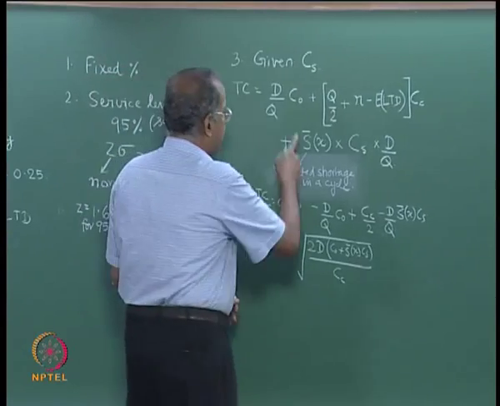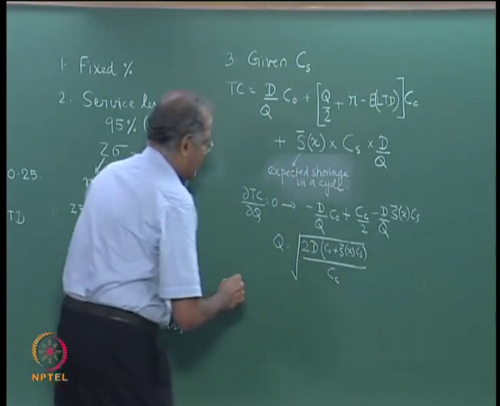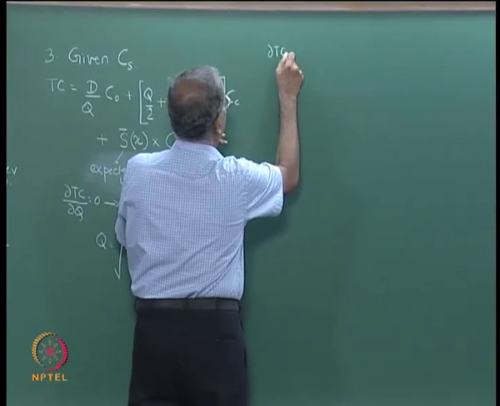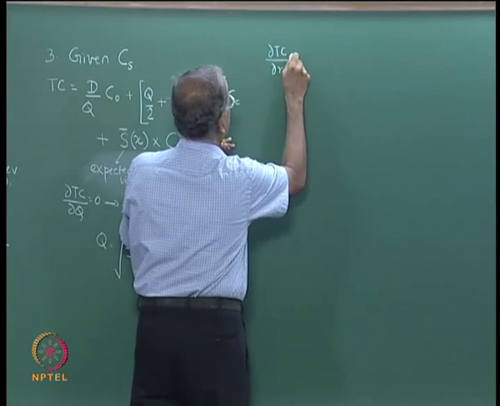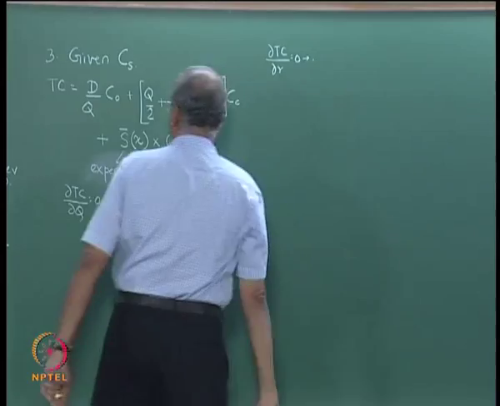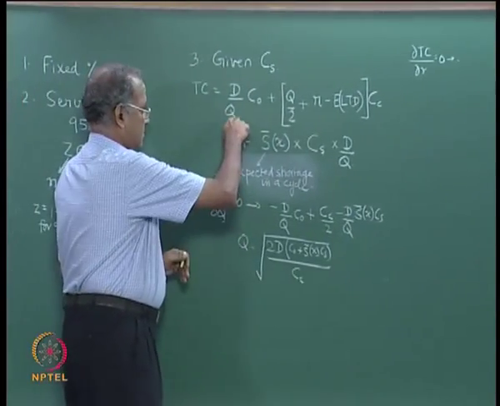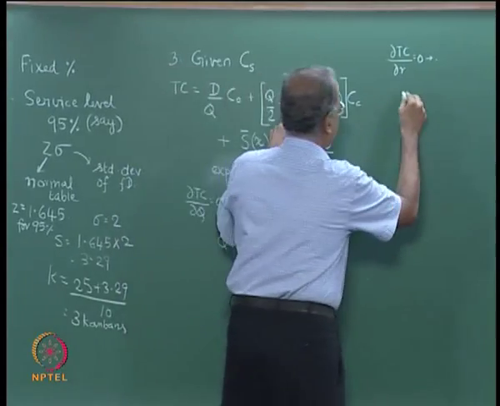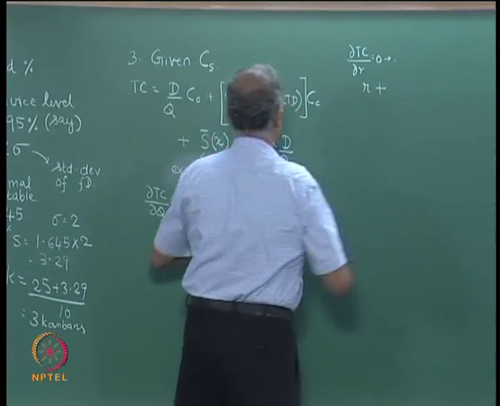Now partially differentiating this with respect to R, dou TC by dou R gives, this will be a constant. So the first time R comes in is here, R plus.